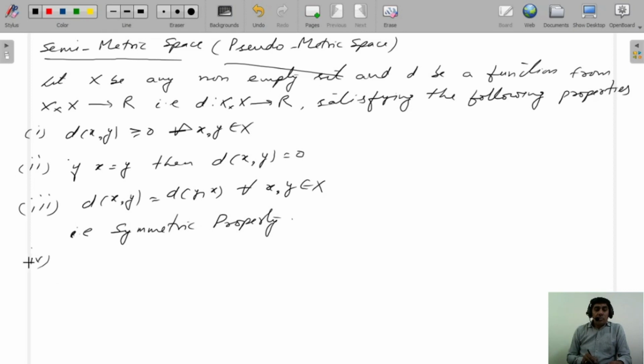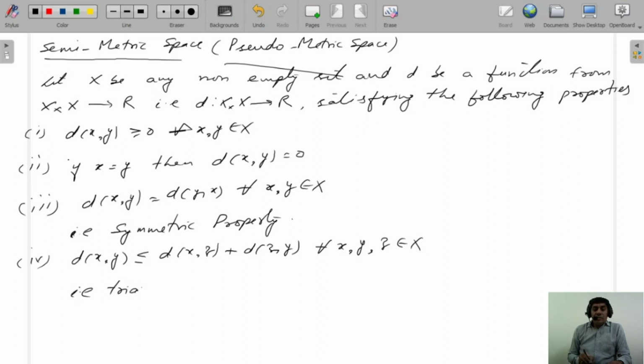Fourth, d(x,y) is less than or equal to d(x,z) plus d(z,y) for every x, y, z belongs to capital X, that is triangular inequality property.